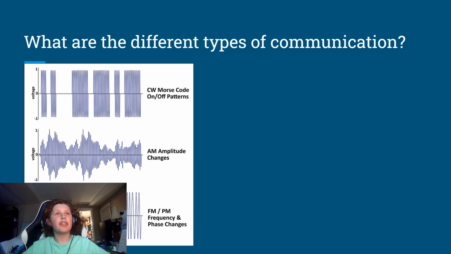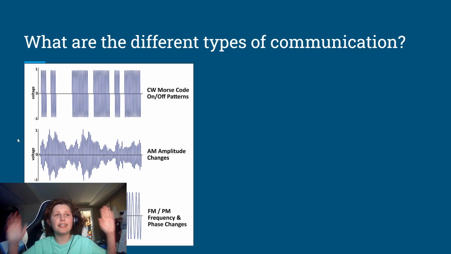But there's AM, which stands for amplitude modulation. It says changes here, but it's modulation. It does just mean changes, though. So to convey the information stored inside the wave, instead of changing the frequency or anything, it's changing the amplitudes of the wave.